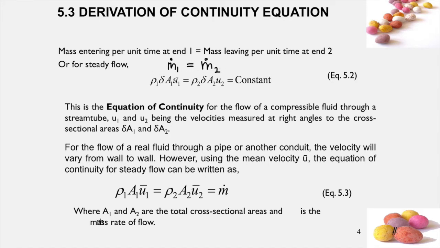We know that previously in my video, I already mentioned that the mass flow rate is equivalent to rho V A, where A is the cross-sectional area. Therefore, we substitute this into the equation. Delta here means that there is a change of area along the stream tube.